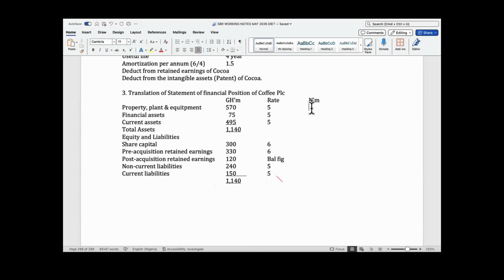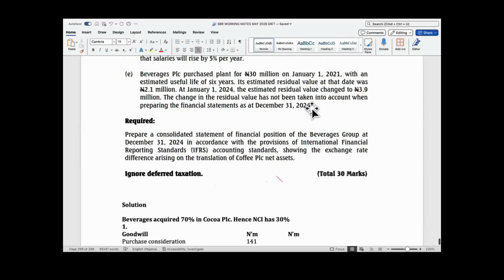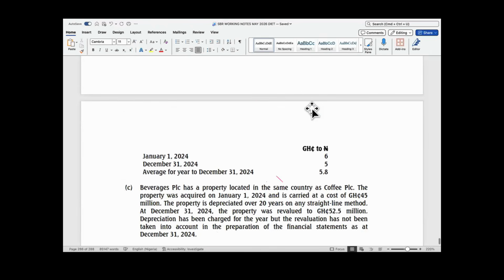The Naira is the parent company, and the foreign subsidiary is having one Naira figure. So with that one, since I'm converting to Naira, you have to multiply. No, you divide. Eh?